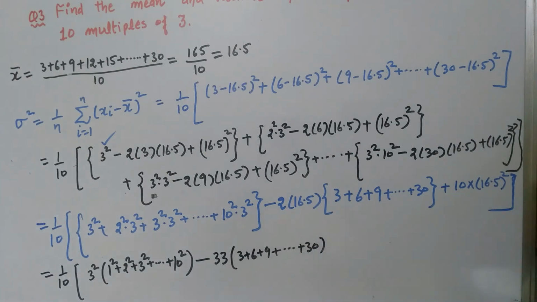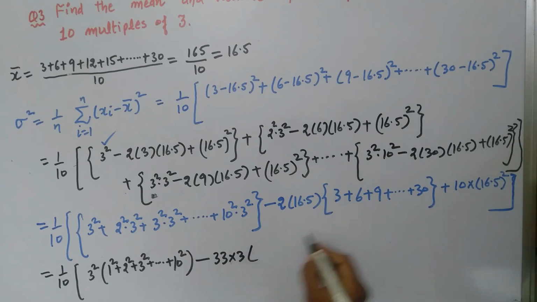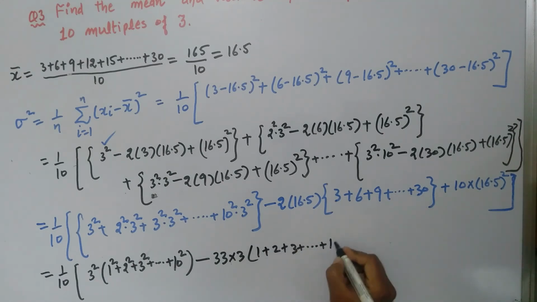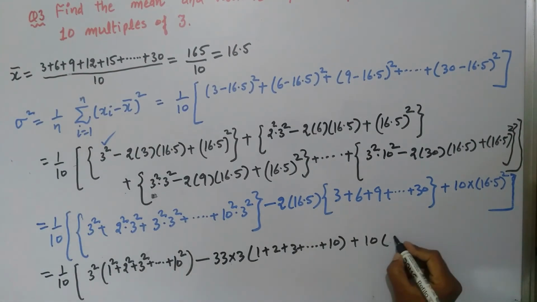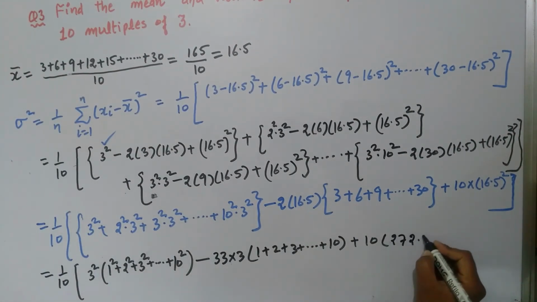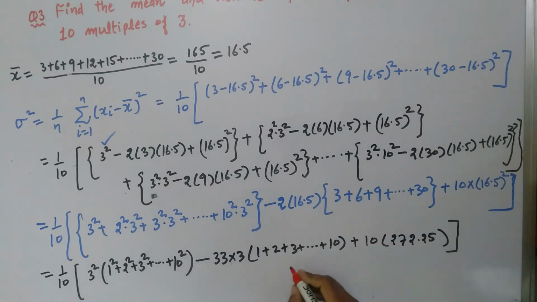Moreover we can also take 3 common, so what is left? 1 plus 2 plus 3 plus so on up to 10. Lastly this is plus 10 into 16.5 whole square, which is equal to 272.25, right?